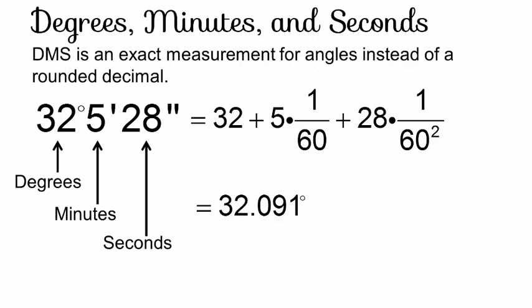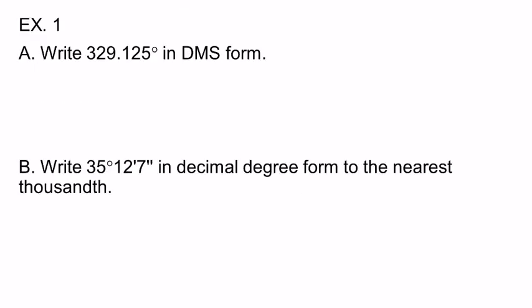Okay, so we need to be able to go both directions with degrees, minutes, and seconds. If I'm given those, I can convert it to a degree as a decimal. Or if I'm given a decimal, I need to be able to convert back to degrees, minutes, and seconds. So let's look at an example. In part A, I have 329.125 degrees, and I'm supposed to convert that to DMS.